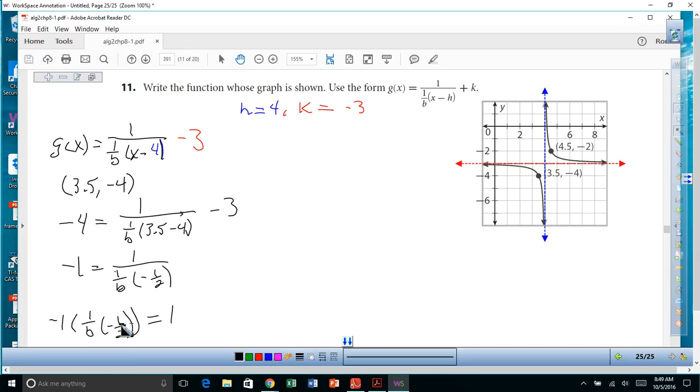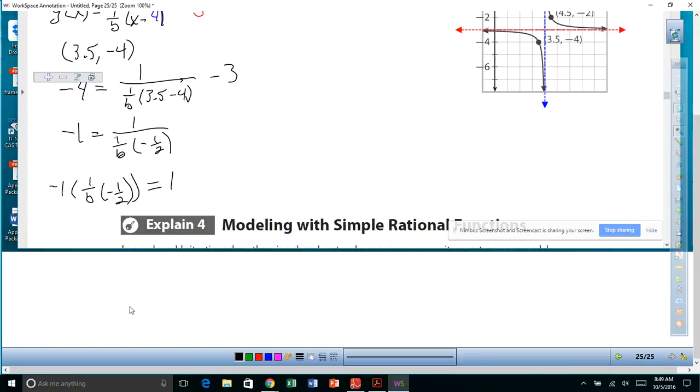Do that arithmetic, and the negatives cancel out, and 1 times 1 is 1, and then b times b is 2b equals 1. Multiply both sides by 2b. 1 equals 2b, so b equals 1/2. All right, b equals 1/2.